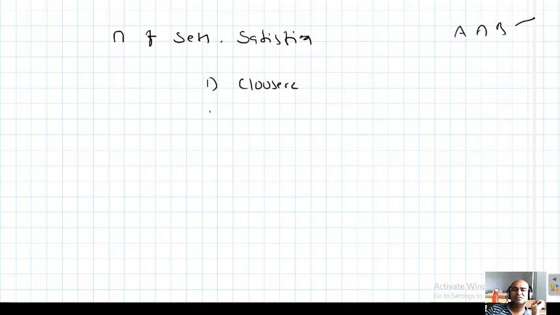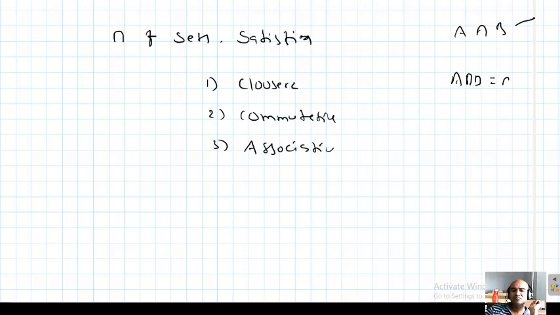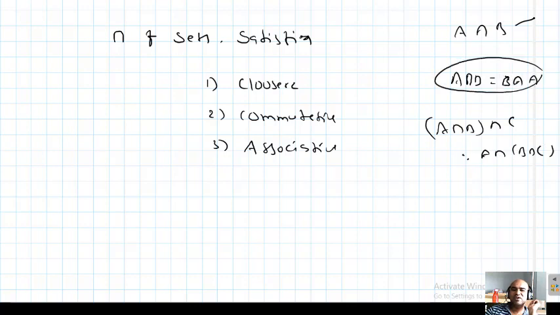Commutative, we proved A intersection B equals B intersection A. Third one, associative, just now we proved (A intersection B) intersection C equals A intersection (B intersection C). So this is for commutative, this is for associative.